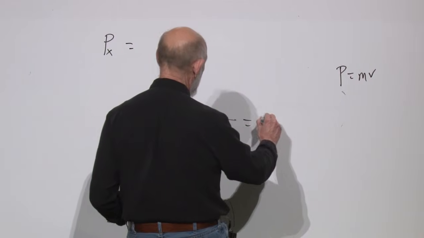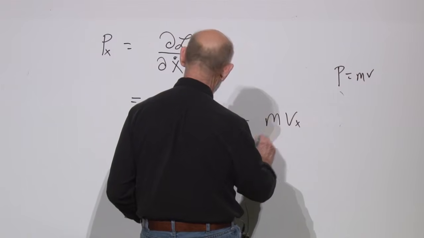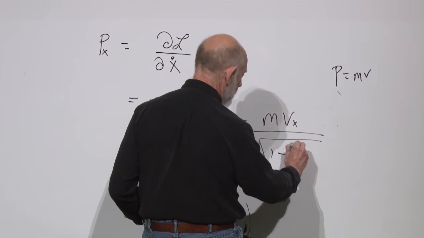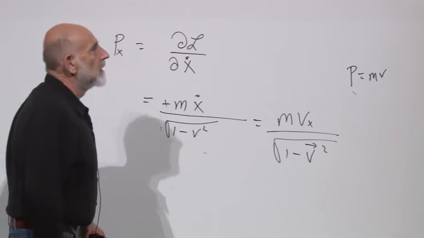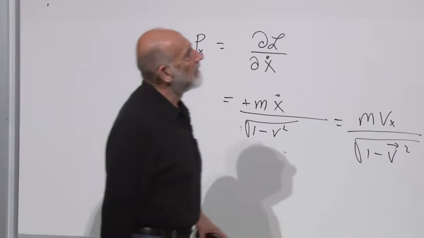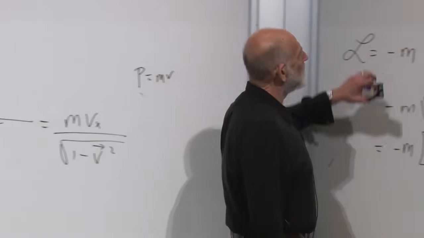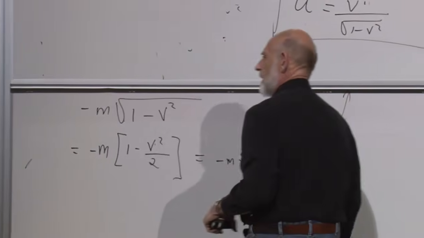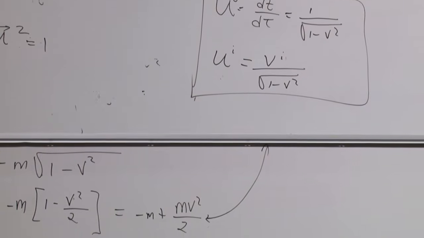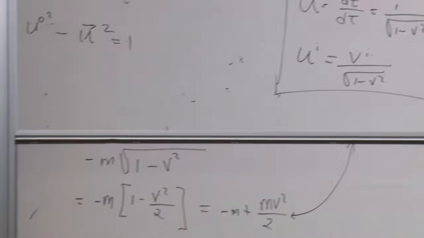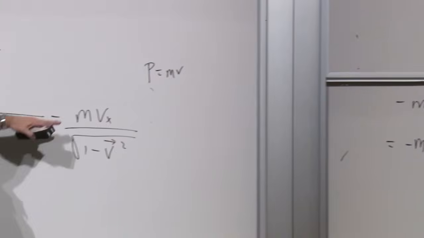Or m v sub x divided by the square root of 1 minus the total velocity squared. Well, we've seen this before, have we not? Right here. v sub i, in this case v sub x, divided by the square root of 1 minus v squared is just u sub x. So what do we get?